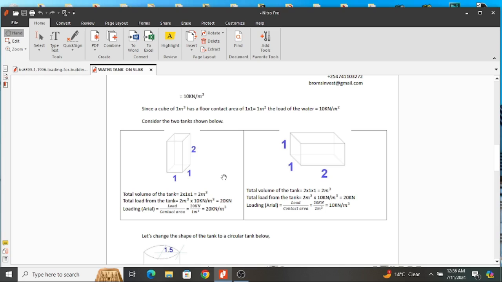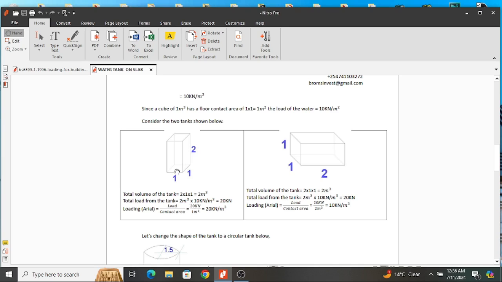But what is the areal loading where the tanks are resting? How much load are they exerting at that level? When you look at the first tank, you take the load, which was 20 kilonewtons, and divide by the contact area. It was supposed to be 1 square meter, not 1 cubic meter.